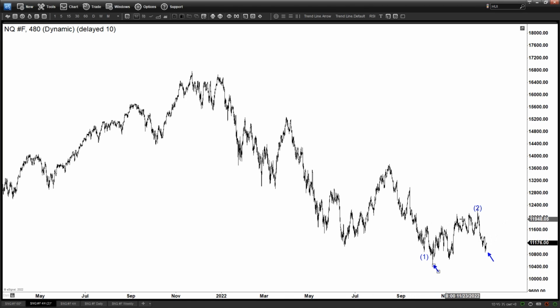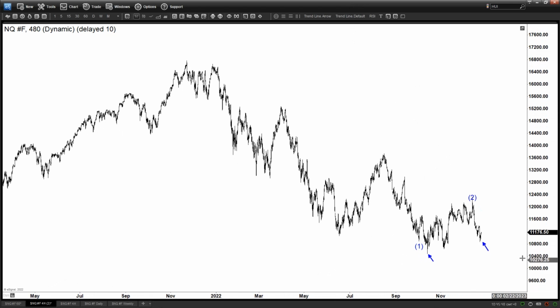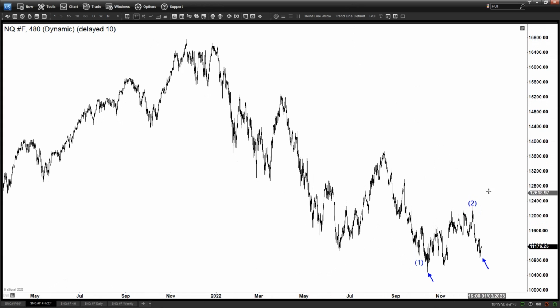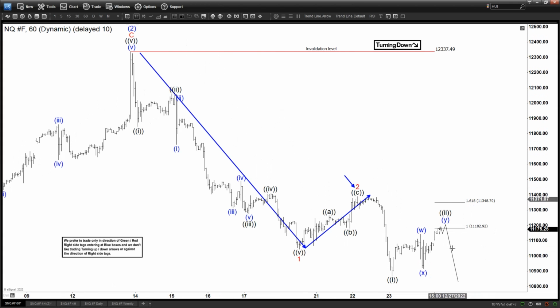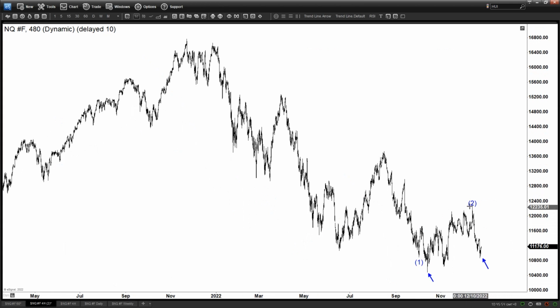So in a way, this view is not completely confirmed yet that we will resume the downside at this point. If we want more confirmation about the bearish view, then actually it needs to break below this previous low first, and that will open up a lower low bearish sequence.